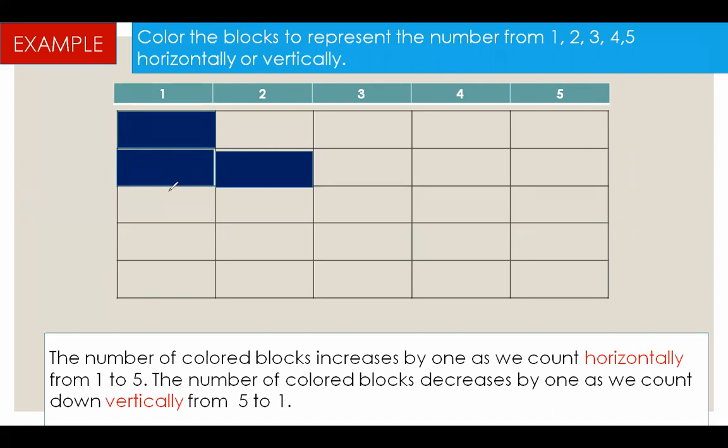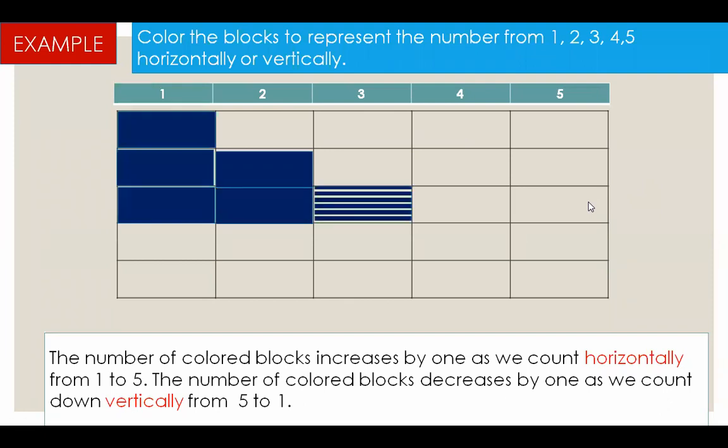We are going to color from this side. 1, 2, 3. Now we have 3. All right, that's it, students. Again, we have 1, so it's only 1 here. And then we have to color for number 2, so you have to color the blocks up until here.